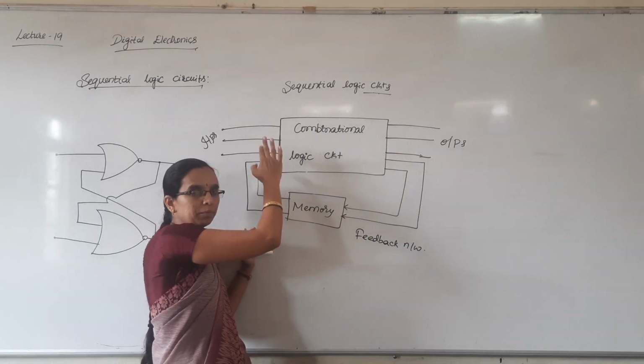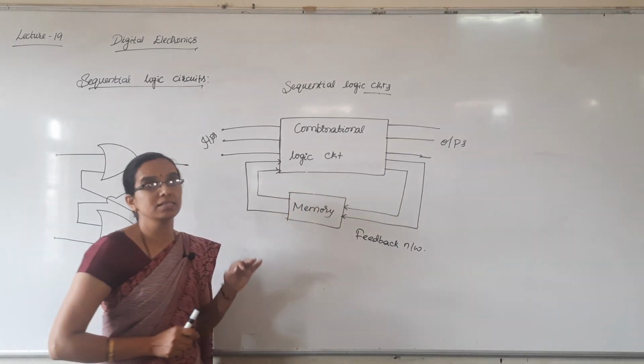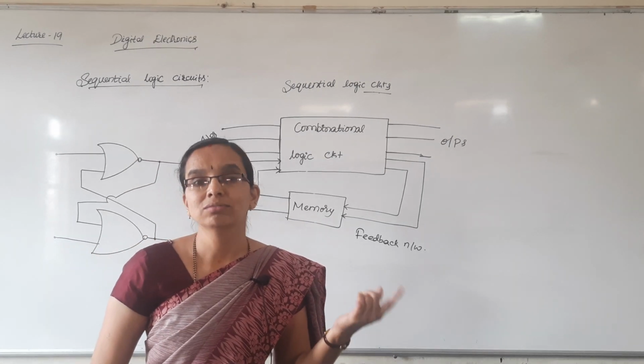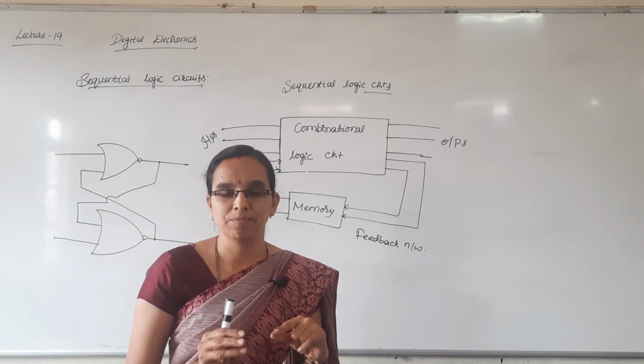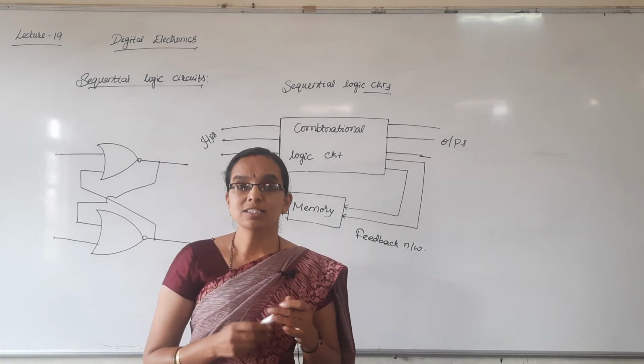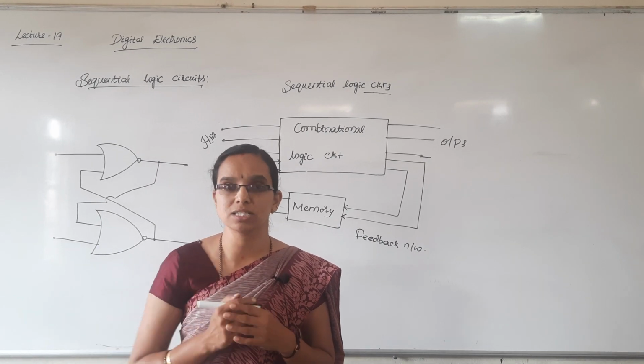The previous output again depends on the previous inputs, right? So this is what happens in sequential logic circuits, so that they can store bits. Sequential logic circuits act as memory elements in digital circuits.